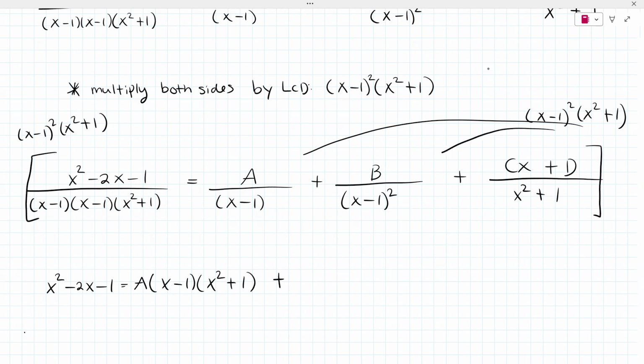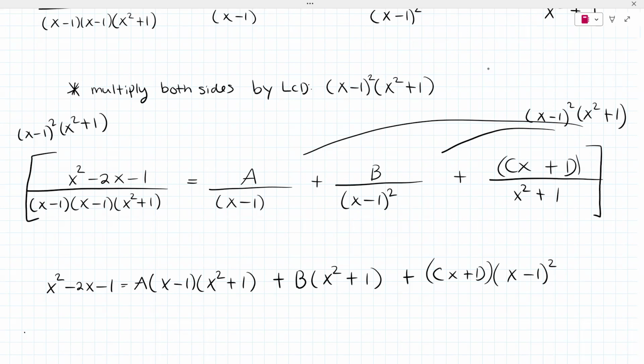And then over here, what cancels is the (x minus 1) squared, so you're left with B times (x squared plus 1). Over here, the x squared plus 1 cancels, so you're left with Cx plus D in parentheses, and you're left with (x minus 1) squared.